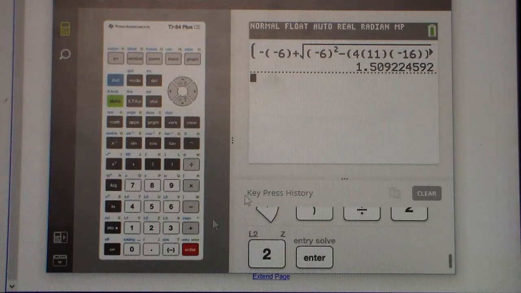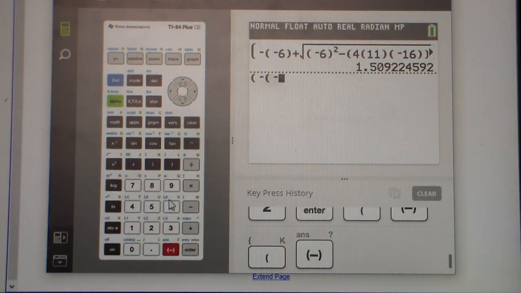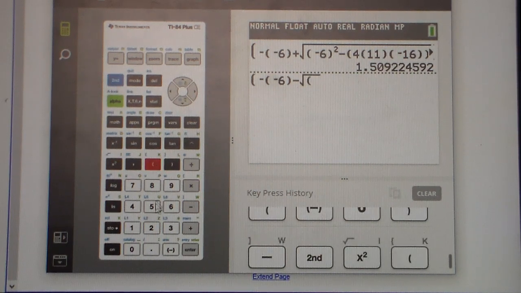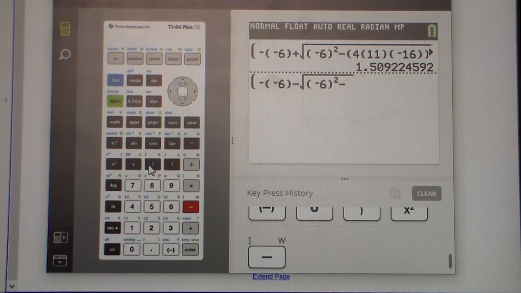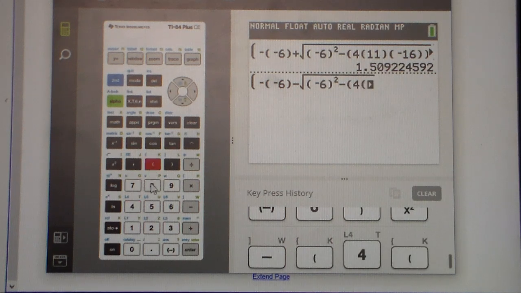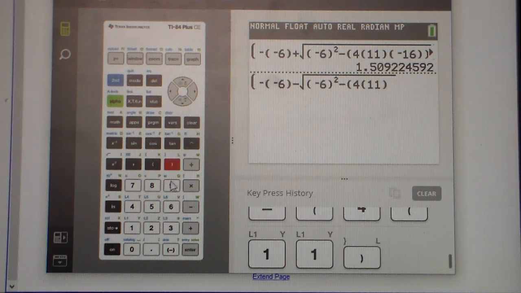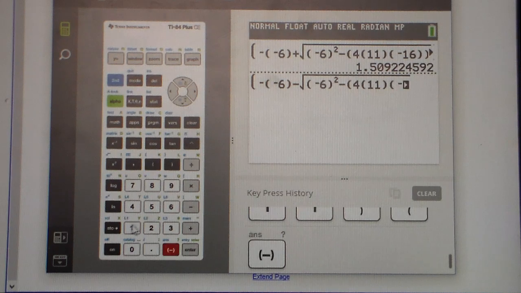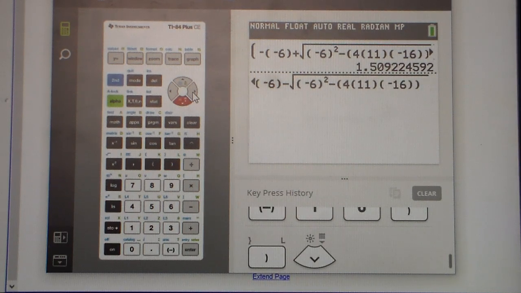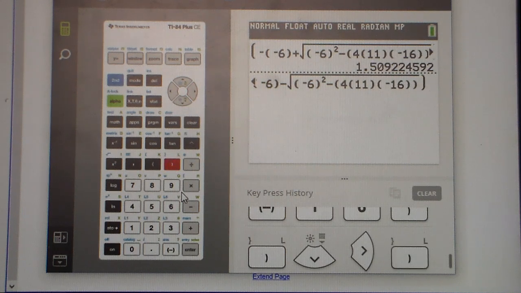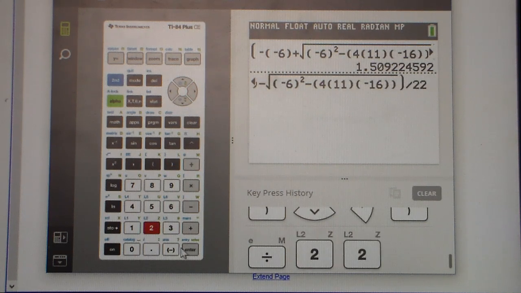And we've got to put in our second answer. So do parentheses, negative 6, and then instead of the plus sign, we do the minus sign. Square root, negative 6 squared minus 4 times 11 times negative 16, and we're going to divide by 22.